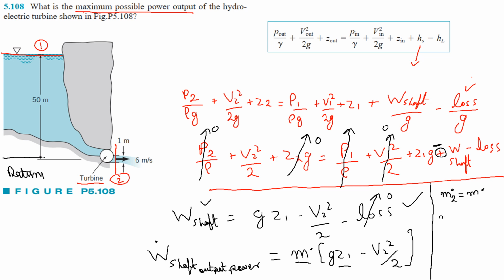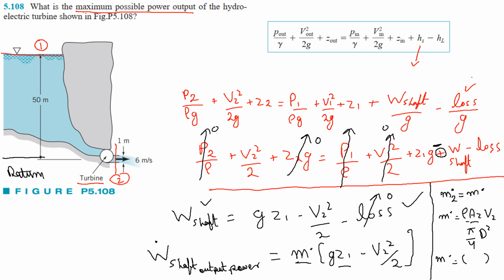So m dot will become equal to rho A2 V2. We know our velocity at section 2, we can find our area with the help of pi by 4 d square, and we know our density of water, so now we can find our mass flow rate.